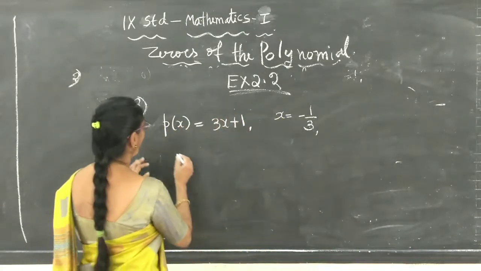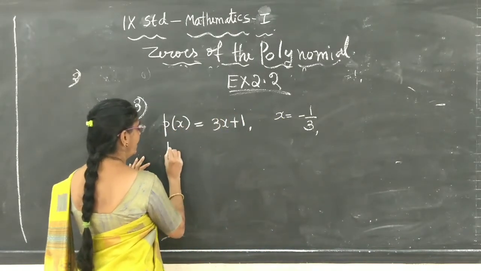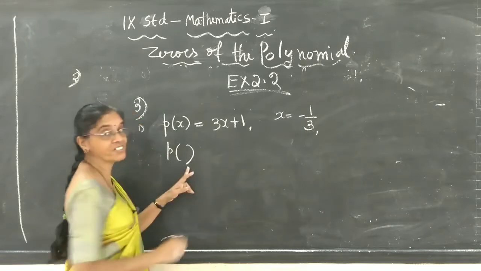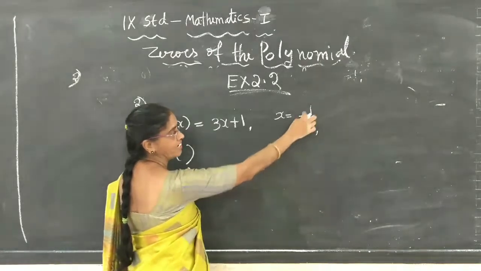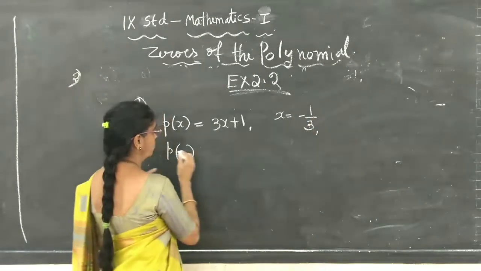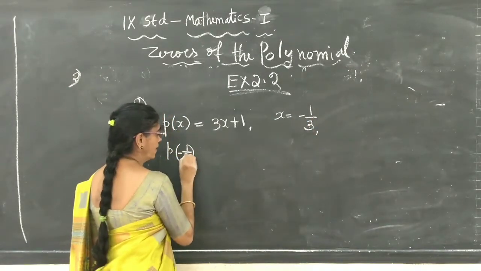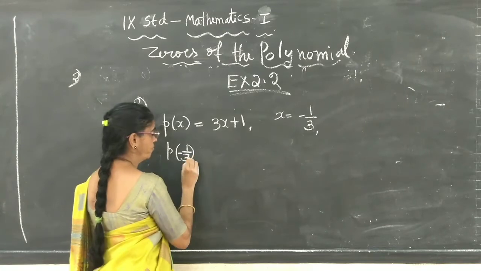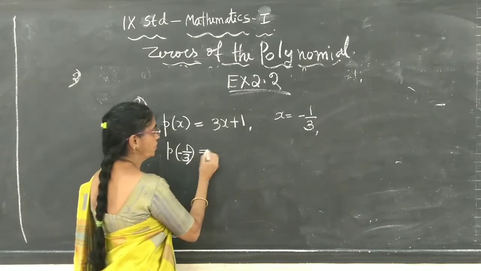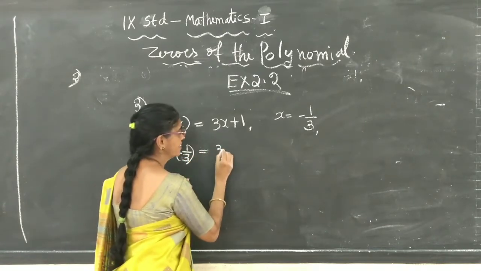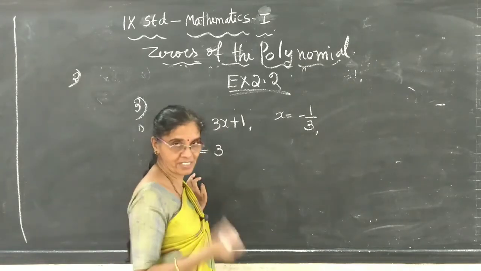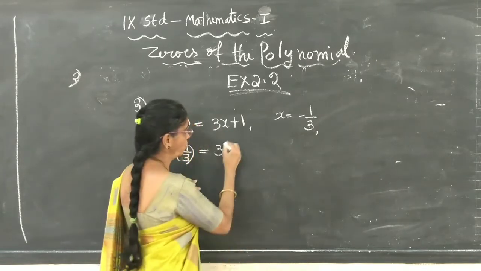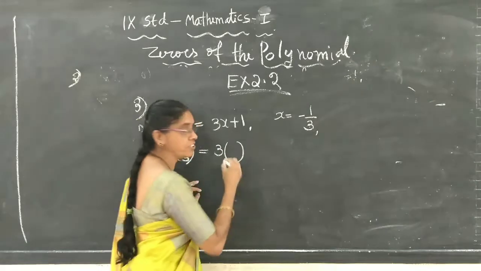Now what do we have to do? You have to take the x value here. How much do you have to take, children? The x value is exactly minus 1 by 3. So p of minus 1 by 3 is equal to, now take 3x, which is 3 into x. So I will put the bracket, it means into.